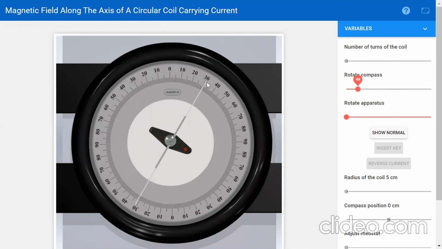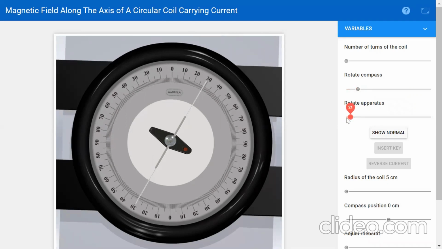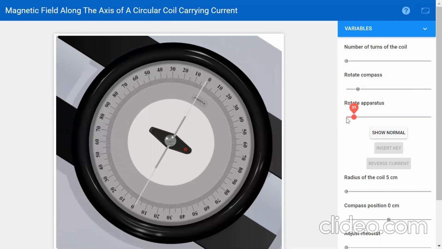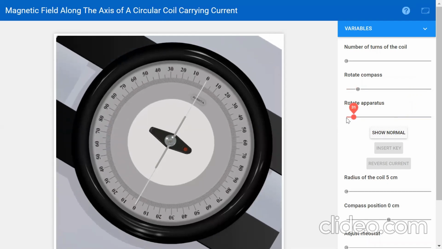The second step is to rotate the whole apparatus so that the magnetic needle lies at zero deflection. Now the magnetic field is zero, and the deflection in the compass is zero.